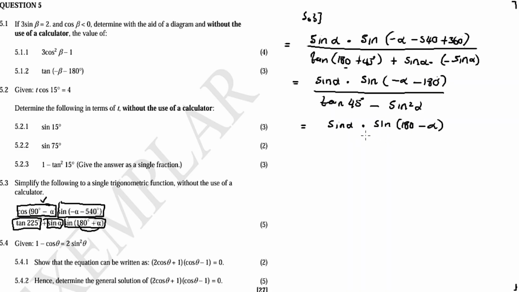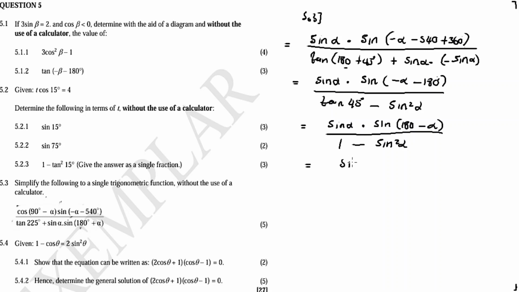You keep on adding until your angle becomes positive. So tan 45 is 1, minus sine squared alpha. Don't forget they want us to simplify to a single trigonometric ratio. So it will be sine alpha multiplied by sine of 180 minus alpha, which is in the second quadrant where sine is positive.